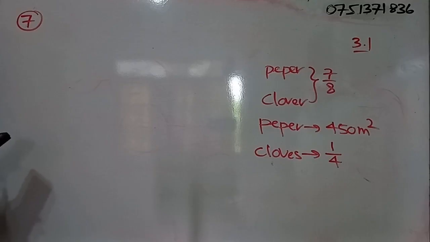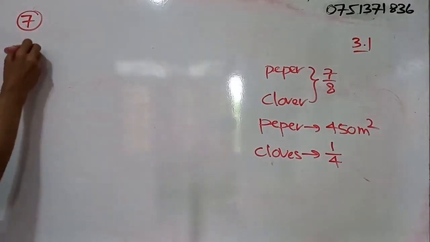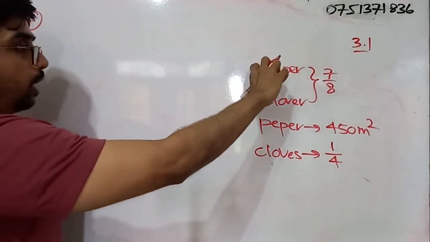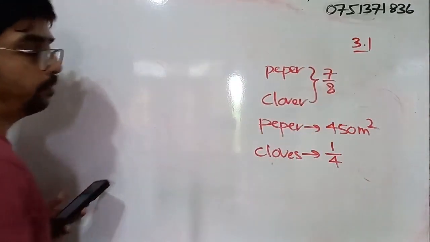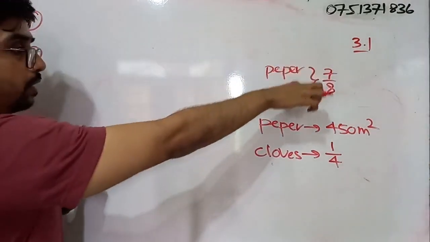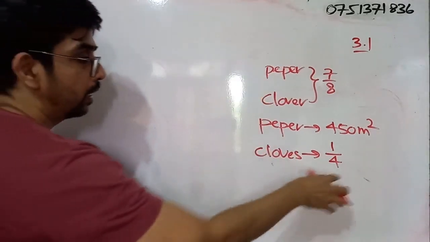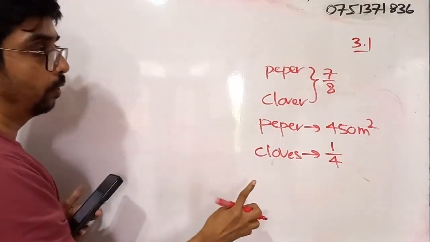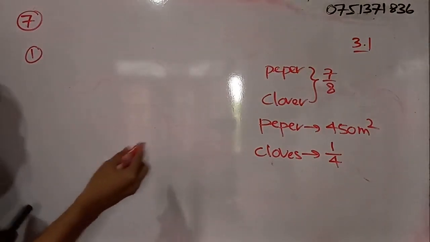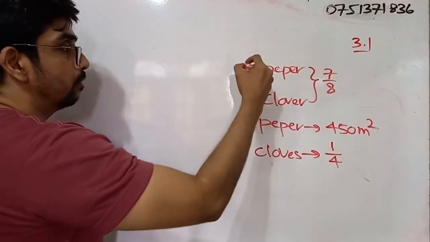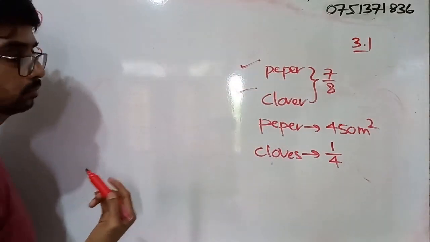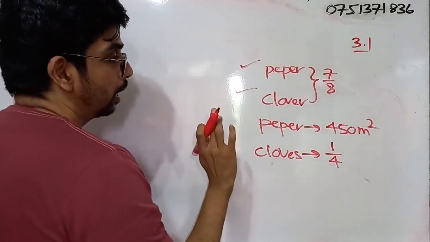So in the question, what are they asking? On the first part, the fraction of land on which black pepper has been cultivated. Right. So in the question, it says both have been cultivated on this amount of land, which is 7/8. And out of that, 1/4 is what? Cloves. Right? Then we know the total amount of land which both pepper and cloves has been cultivated.